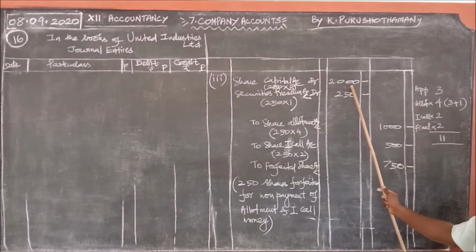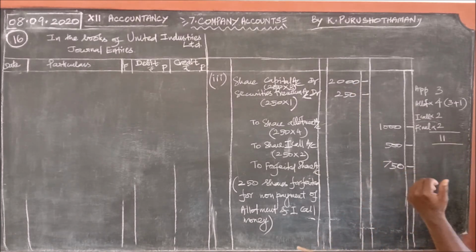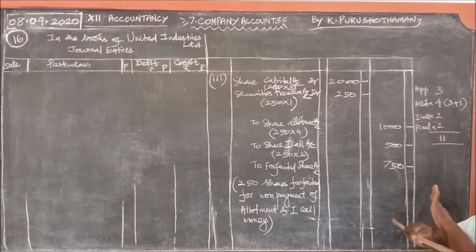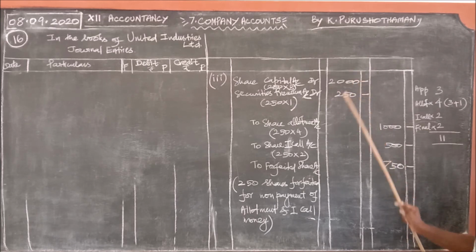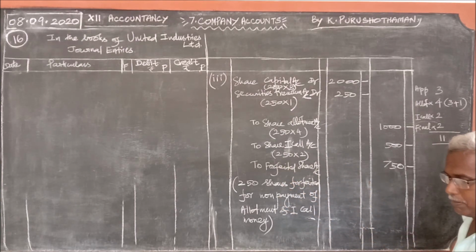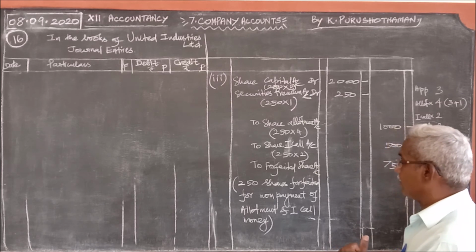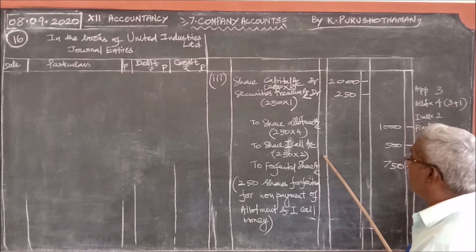This is important. Usually we write the total value of each share, 10 into 250, 2500. No such case here. Here it is only 2000 rupees, because immediately after the first call the shares were forfeited. If the first call money was not paid, we took the shares back immediately. So up to this stage only the share money was called for.